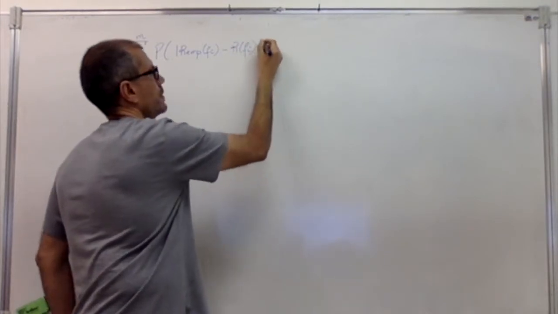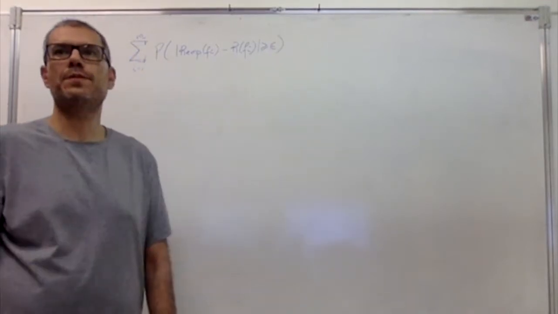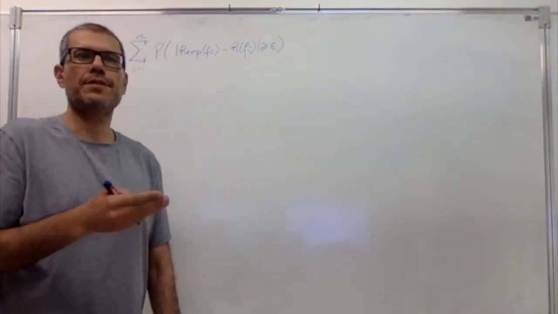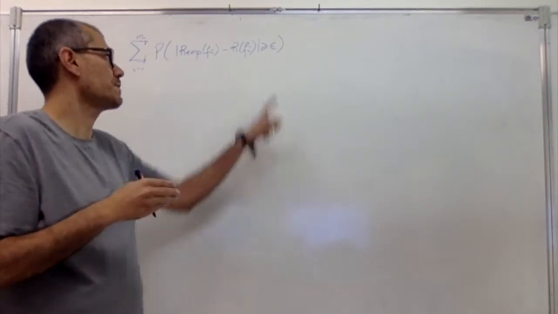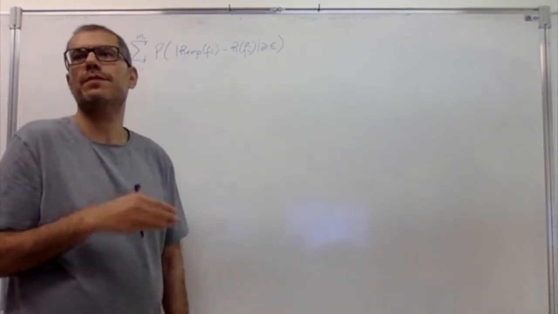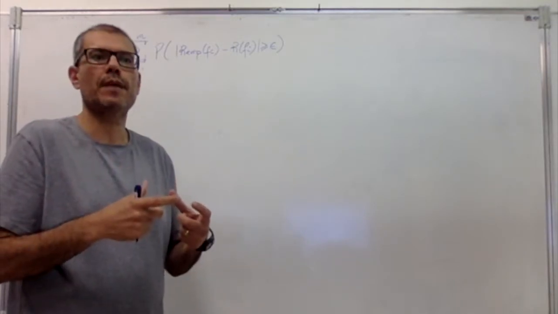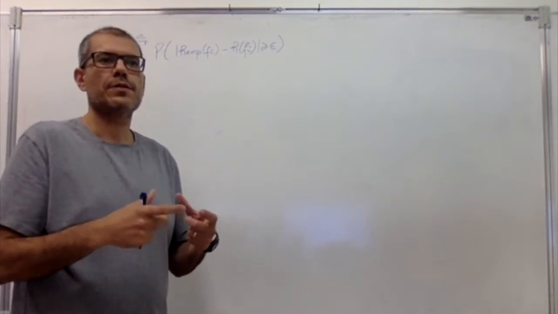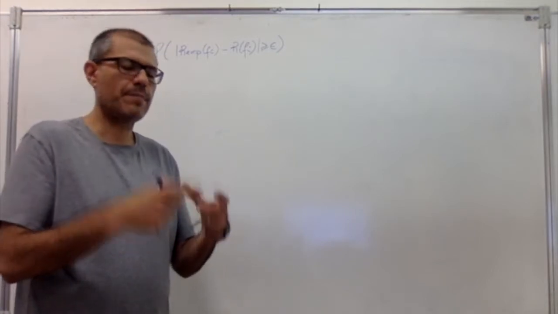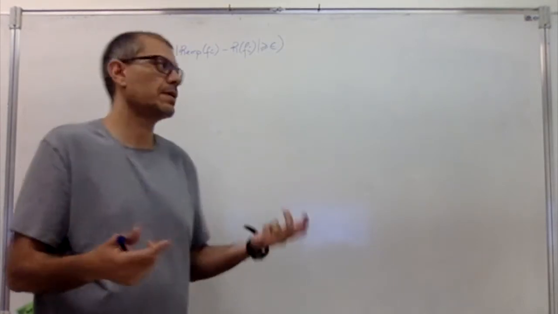like this. And if that is greater than or equal to some epsilon, there are different formulations. There are books which don't use the equal sign but just the greater than. Actually it's an open ball, with topological terms. You can have an open ball with or without a boundary, and that doesn't make a great difference.